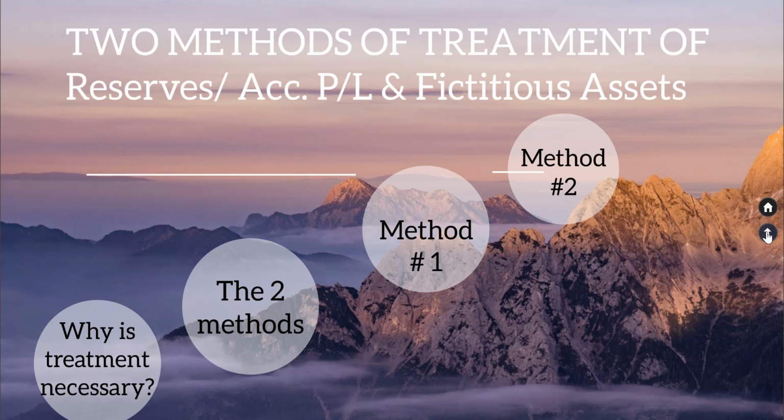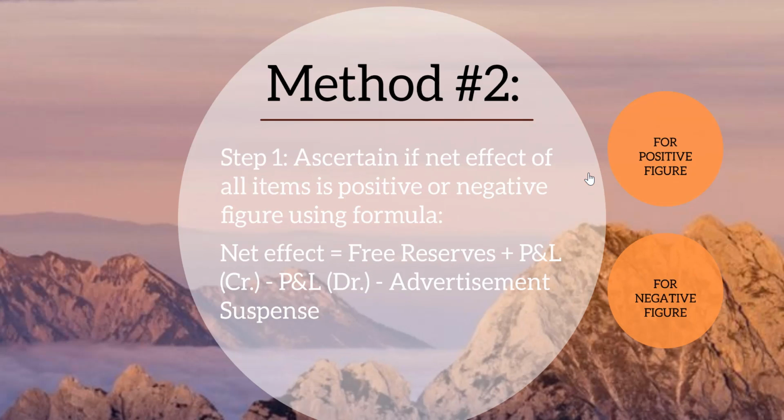Next, let's go into detail about method 2. In method 2, we need to ascertain the net effect of all these items. And to get the net effect, this is what we will do.